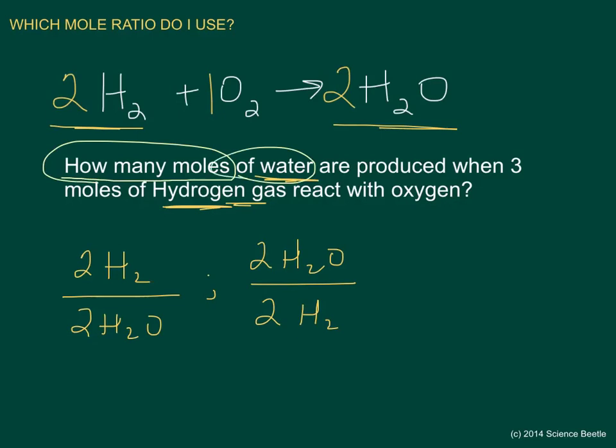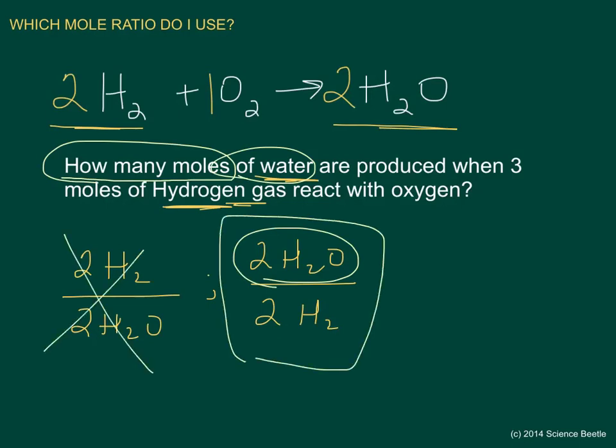Whatever you're trying to find is what goes in the numerator. That means whatever goes on top of this particular fraction, proportion, or combination that you've just written. So when we look at these two mole ratios, which one is the one that has water on top? Well, if we look closely, this one has water on top. So this is the one I'm going to use, not this one.